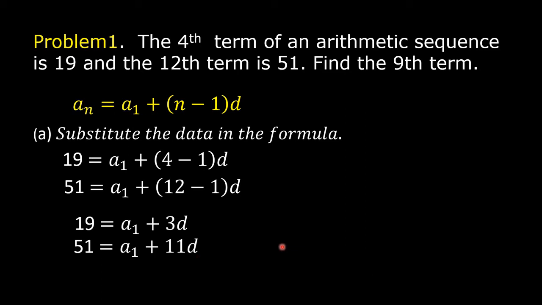Since the two equations share the same variables, we can treat them as a system of equations. Solve for the common difference d. In the problem, we don't know the first term and the common difference d. Let us solve first for the common difference d.